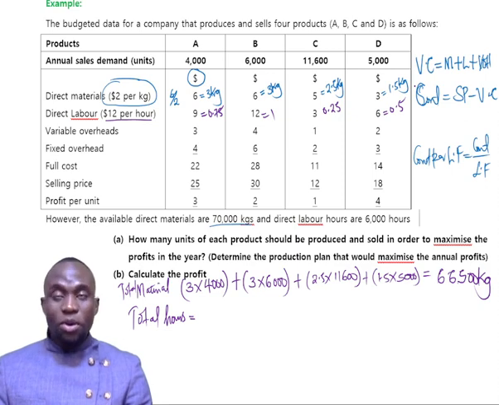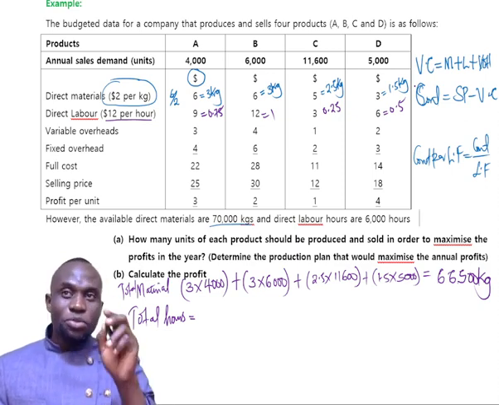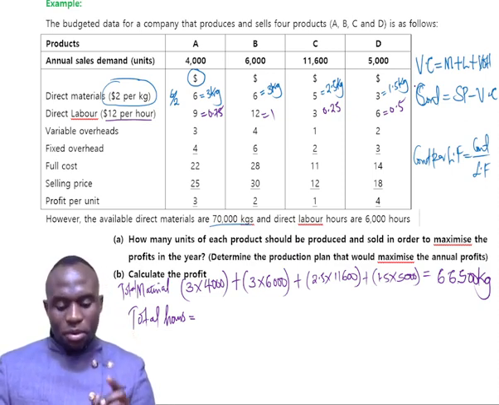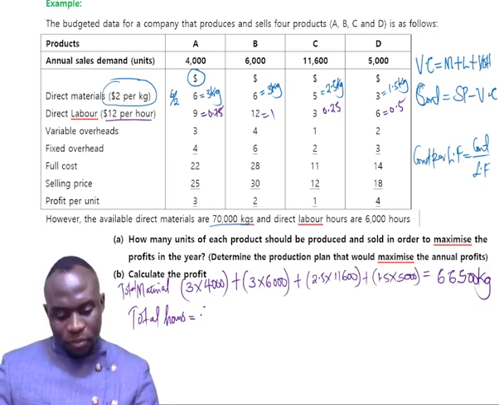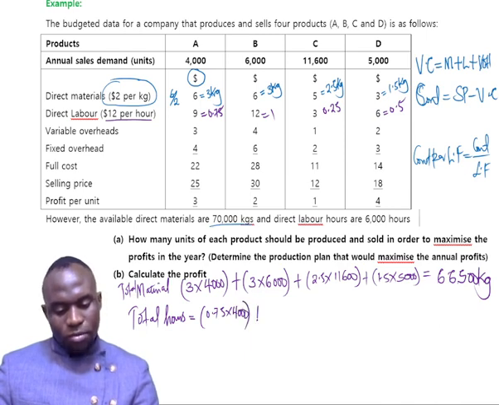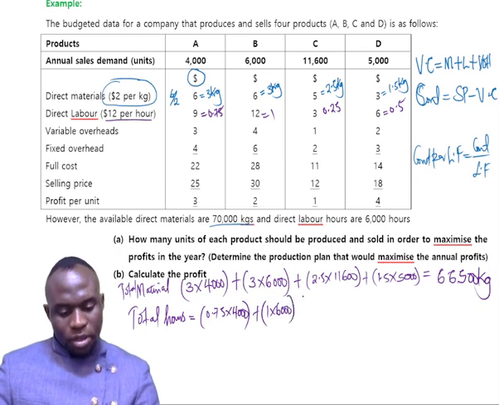So total hours required if we are to produce all these units up here. For A, we need 0.75 times the 4,000 units. And for B, it would be 1 times 6. Then for C, it is 0.25 times 11,600.